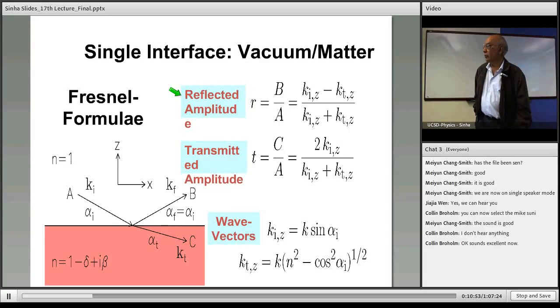And so this is one expression for r, and this is a corresponding expression for t, which is the amplitude of the transmitted wave over the amplitude of the incident wave.